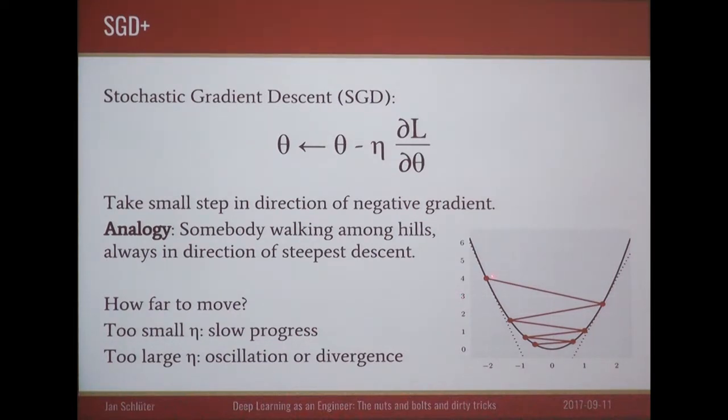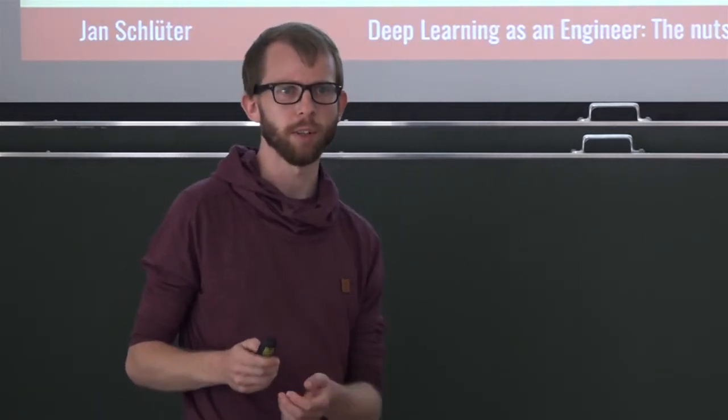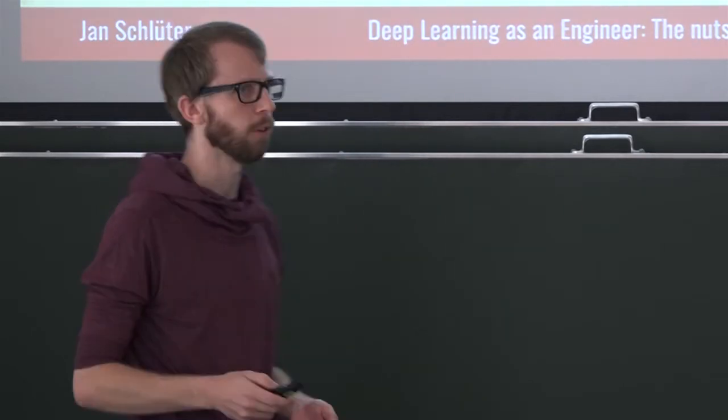If we set the learning rate, this factor here, too small, then we only make very little progress along this line. If we make it very large, then we start oscillating, or maybe we even jump out of the valley. So we need to set this learning rate correctly. And in this example, it's easy to find a learning rate that works very well.